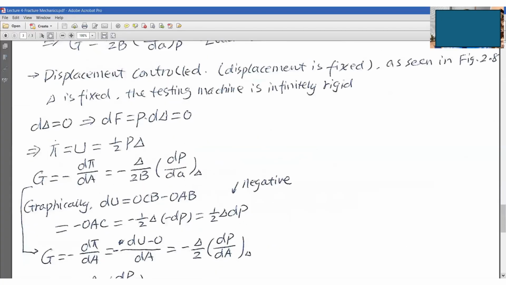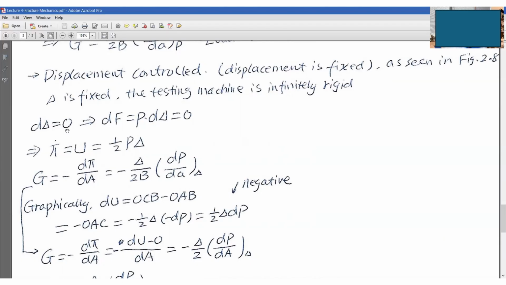Okay, let's see how we derive the energy release rate for the displacement controlled loading condition. So d delta equals 0 because delta is fixed. For one case, when the crack length equals A, and for another case, when the crack length equals A plus dA, delta does not change. What does it mean?